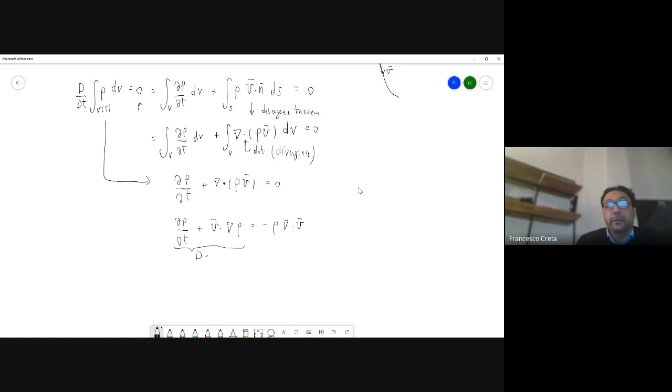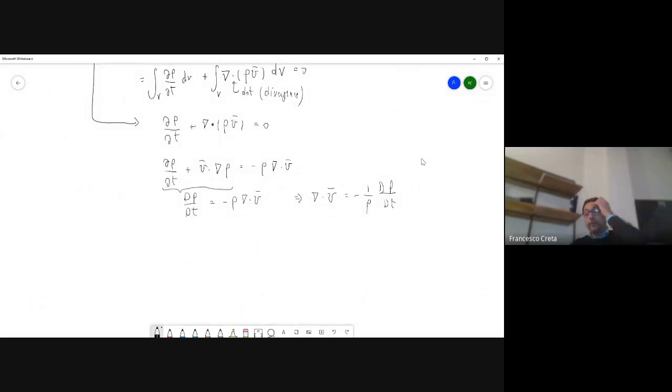Isn't this the material derivative of rho? Yes, it is. So you see how we can write this as the divergence of the velocity equals minus 1 over rho d rho by dt. That's another way of writing it.